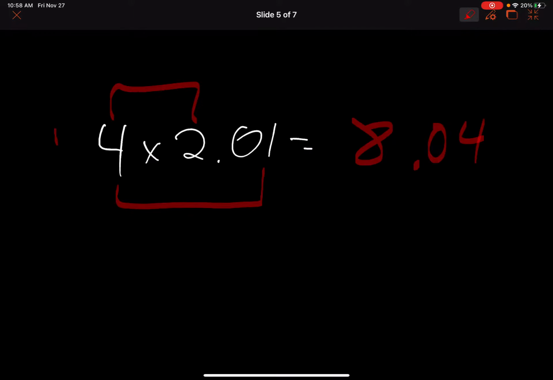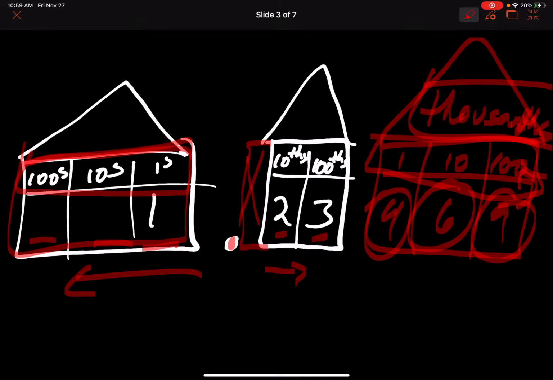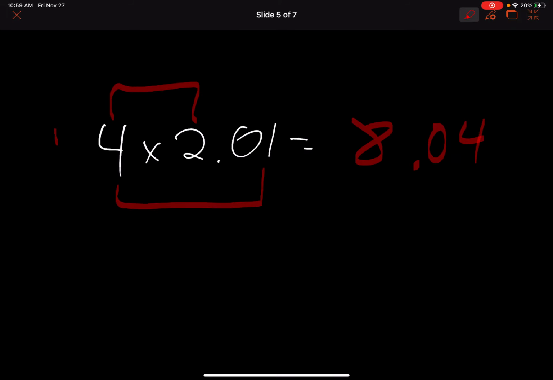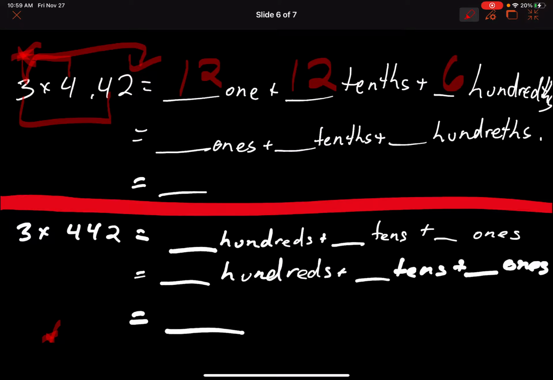Okay, and just like back here, when we're looking at the place value chart, I'm only having one number in each place value. So that only goes up to 9, and then as soon as I hit 10 in this spot, the 1 would be regrouped into the next, larger group. So that's what we're going to do here. Same as here. So I have 3 times 2 is 6, 3 times 4 is 12, 3 times 4 is 12.